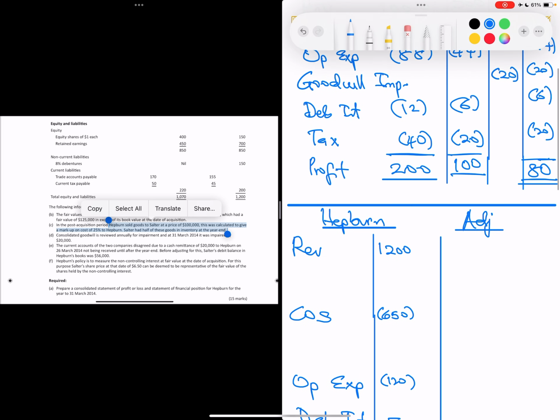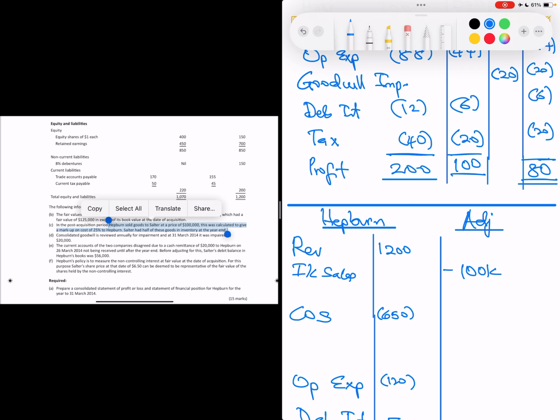We'll deal with it. The first thing we need to do is to adjust for the intercompany revenue. And that is usually done both on the revenue side and on the cost of sales side. So for intercompany sales, we have an adjustment. We need to deduct. It was sold for how much? It was sold for 100,000. So the whole of 100,000 will be taken away. Please, it doesn't matter whether half has been sold or a portion has not been sold.